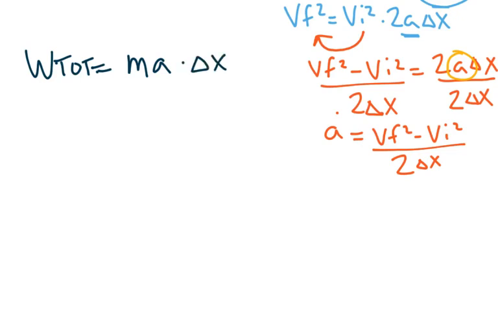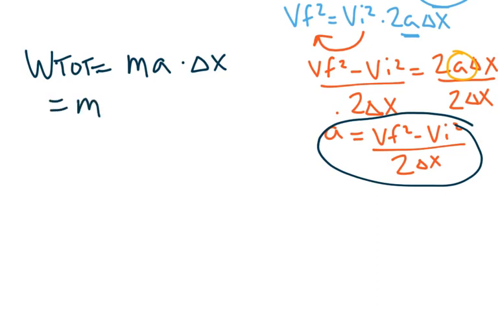Now, if I sub this variable in for my a, I end up having my m, which was there, and I'm going to take my kinematic equation and input it.